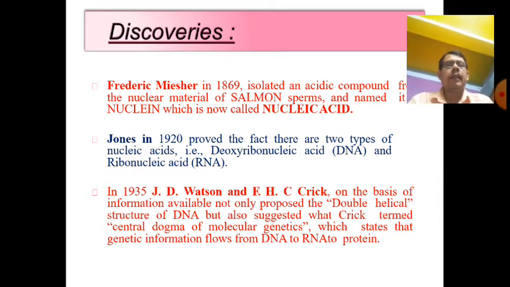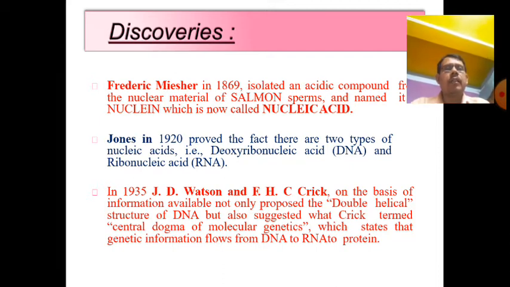But in 1953, very recent, about 65 years ago, J.D. Watson and F.H.C. Crick, on the basis of the information available, not only proposed the double helical structure of DNA, but also suggested what Crick termed the central dogma of molecular genetics, which states that genetic information flows from DNA to RNA and RNA to protein.